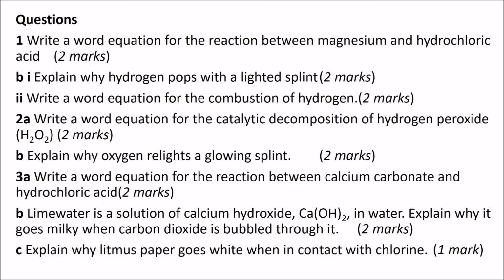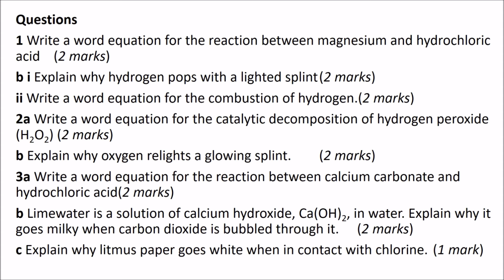3A, write a word equation for the reaction between calcium carbonate and hydrochloric acid. So calcium carbonate plus hydrochloric acid forms what plus what? 3B, lime water is a solution of calcium hydroxide in water. Explain why it goes milky when carbon dioxide is bubbled through it. So have a think about what the chemicals are.